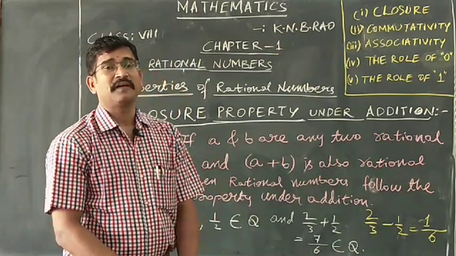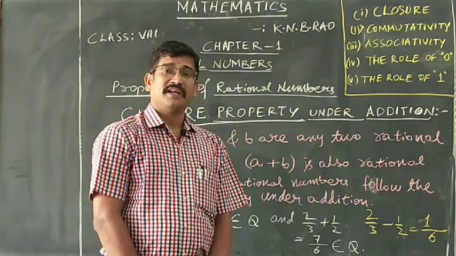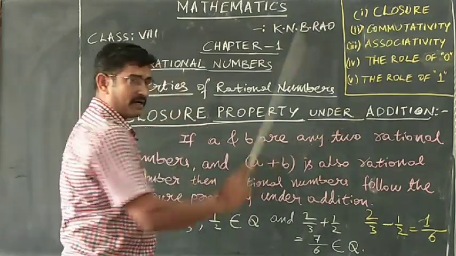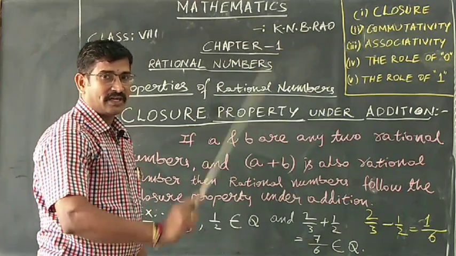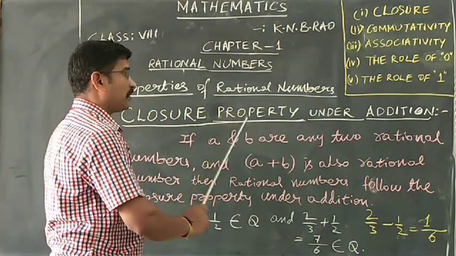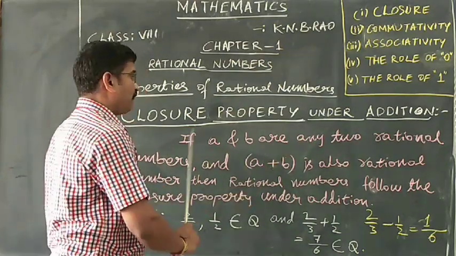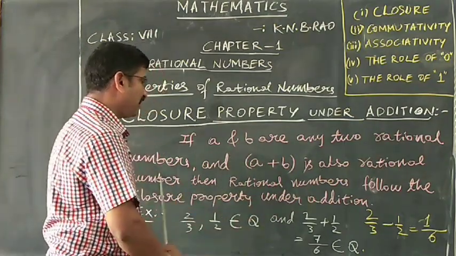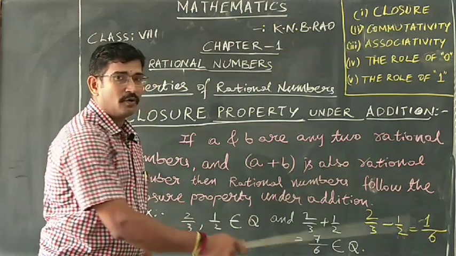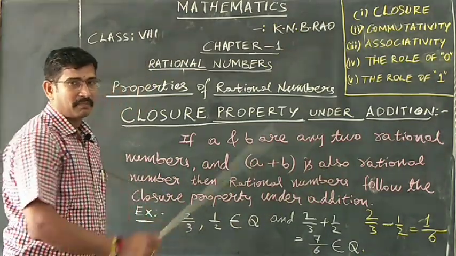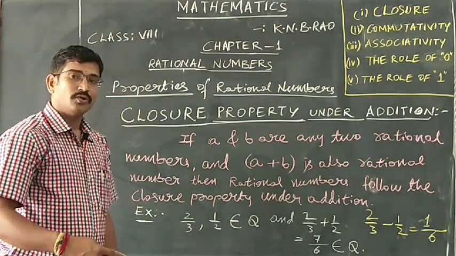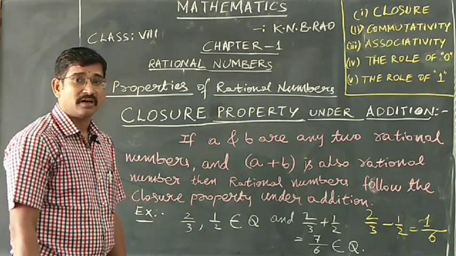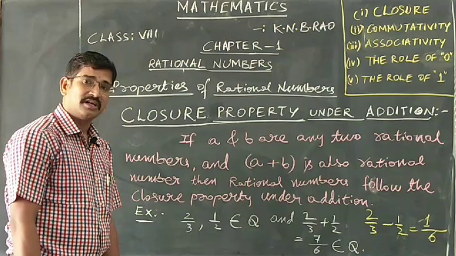You take some other examples, you can take negative rational numbers also. So, taking different examples, you need to change the operation to write the definition. Closure property under subtraction: if A and B are any two rational numbers and A minus B is also a rational number, then the rational number set follows closure property under subtraction. Can you write similarly the definition and check whether it is true or not for multiplication and division?